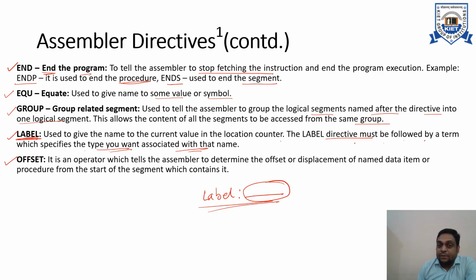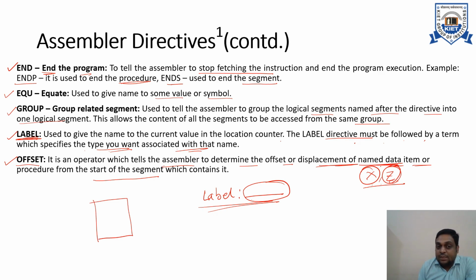Next is offset. Offset is the displacement address within the segment, within the block. So the offset directive is used to tell the assembler to determine the offset or displacement of a named data item. Named data item means the mentioned data item. If we mention here X or Z, any data item, it gives the displacement of that particular item from the start of the segment.